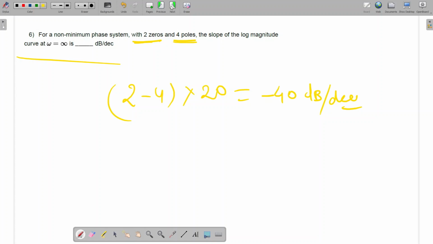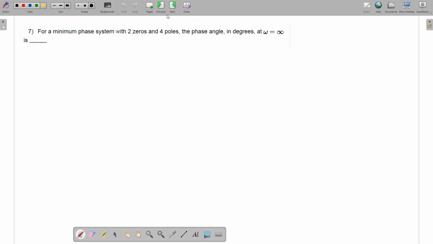Move to the next question. So here for a minimum phase system, 2 zeros and 4 poles. Okay. 2 zeros are there and 4 poles are there. At omega equal to infinity, what will be the angle contribution? Can anyone tell the answer?